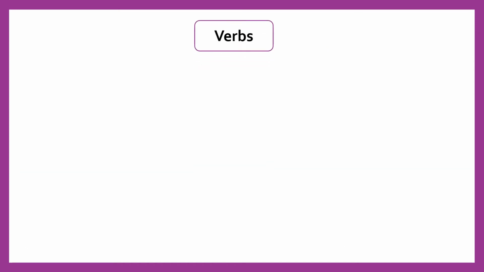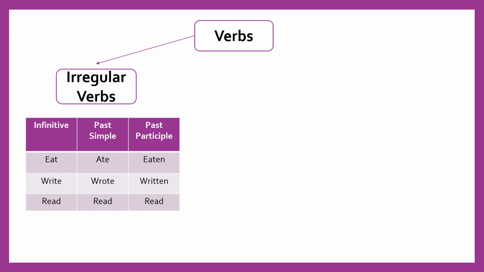Next, we need to talk about verbs. On the one hand, we have the irregular verbs that we know change the spelling when they go to the past. So here we have three columns: the infinitive form, the past simple, and the past participle. For example, eat in the infinitive form, when it goes to the past simple, will be written ate, and in the past participle, eaten.